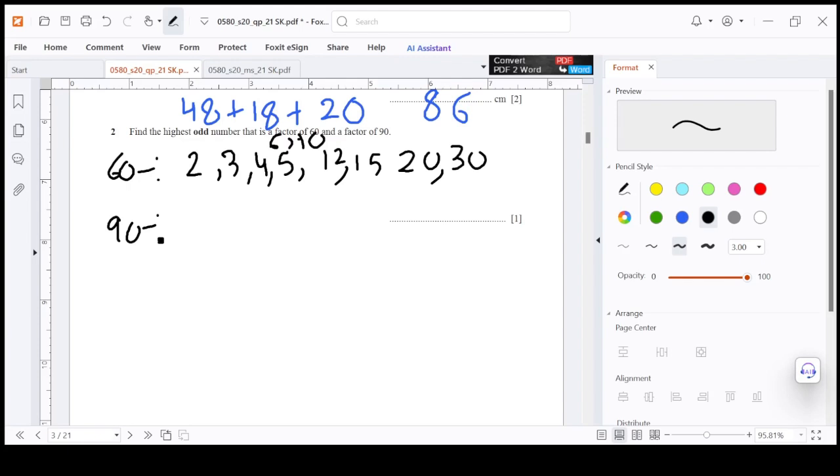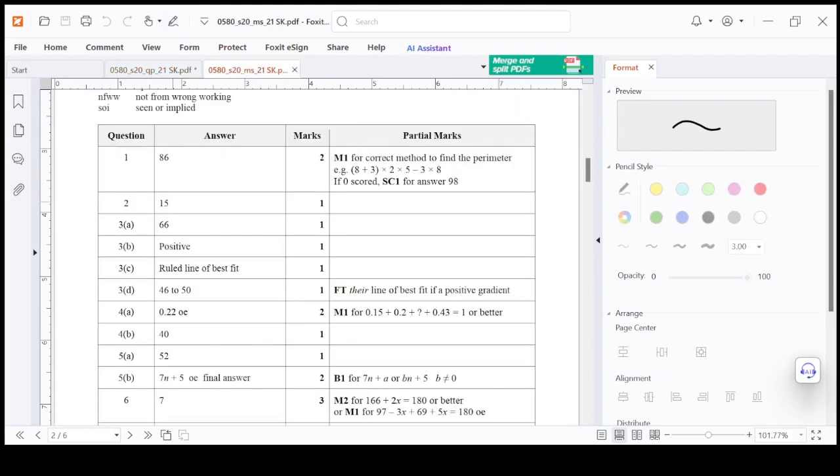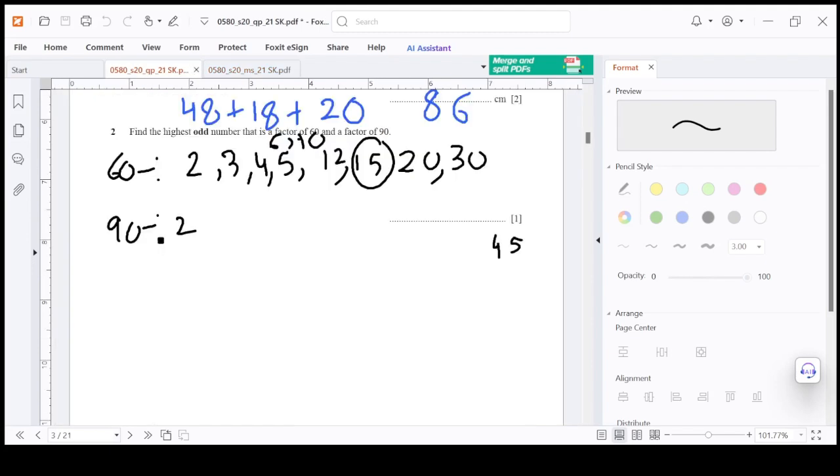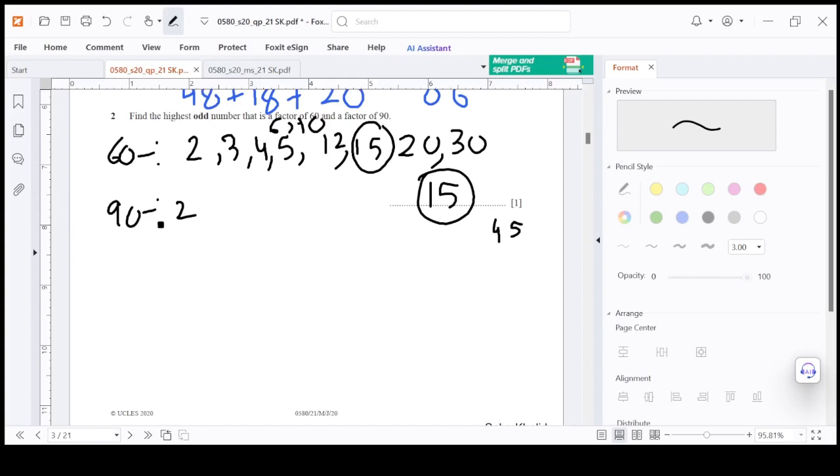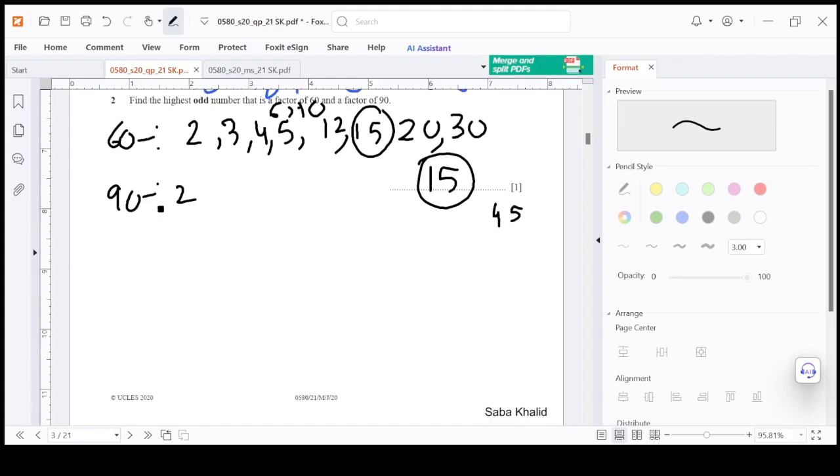And for 90, it's going to be 2 and 45. I believe it's going to be 15, because 15 is a factor of 60 and 15 is also going to be a factor of 90. So the highest odd number that's a factor of 60 and 90 is 15. Yep, that can be seen here. So this would be 15, because we know 15 is also a factor of 90.